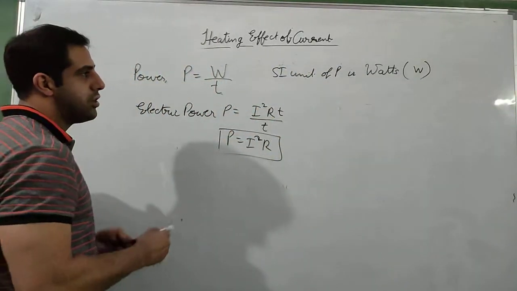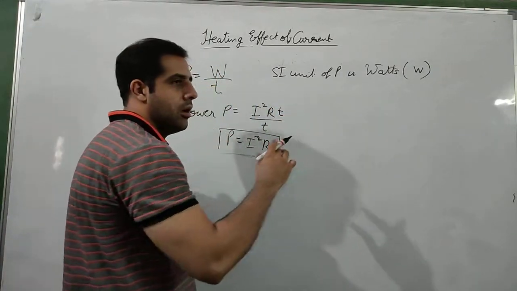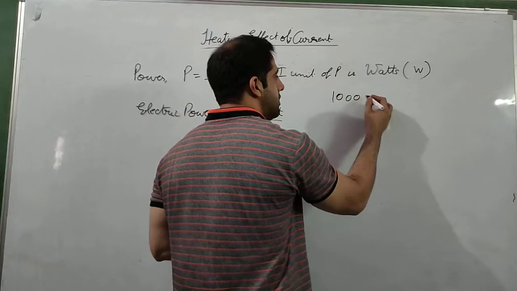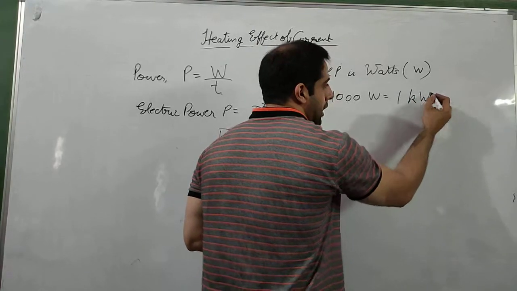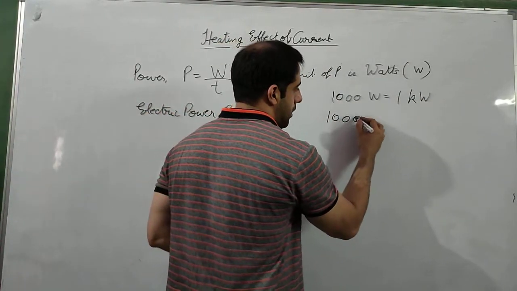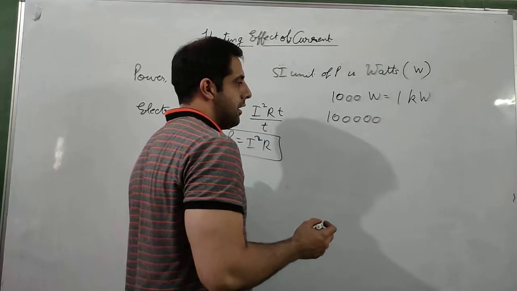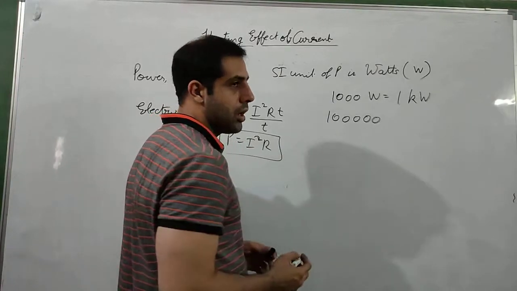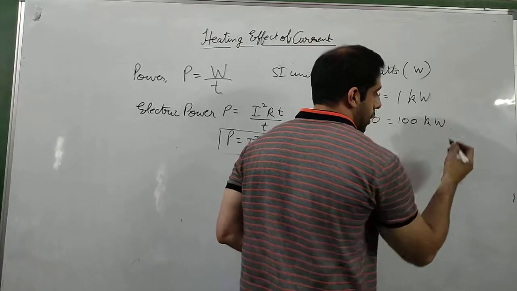So this is the SI unit. There are more units. If the value of power is large, let us say the value of power is 1000 watts, then I can also write it as 1 kilowatt, because kilo means 1000. Instead of writing 100,000 watts, you can write 100 kilowatts.